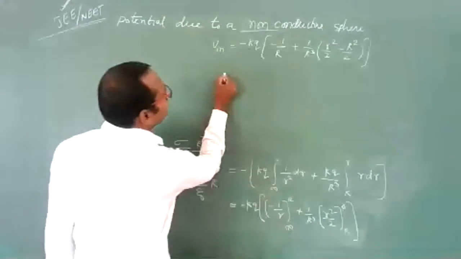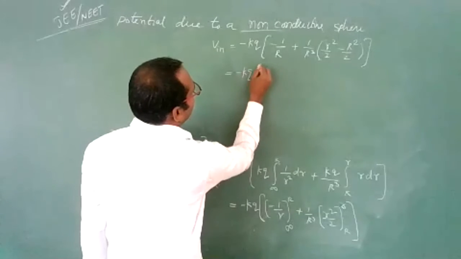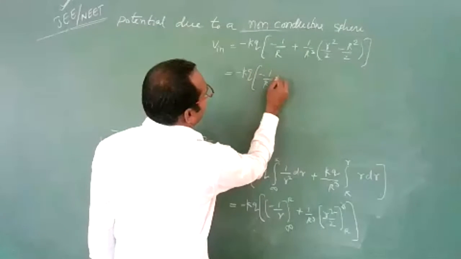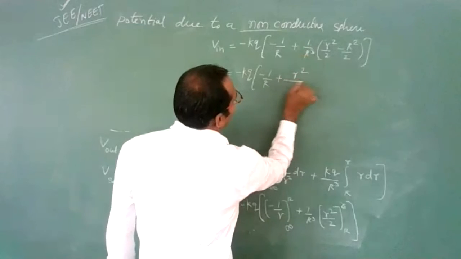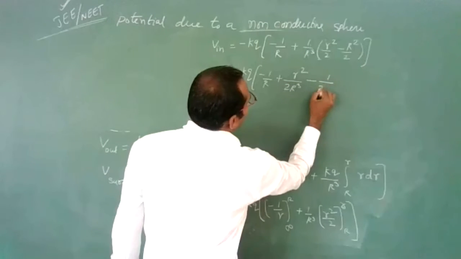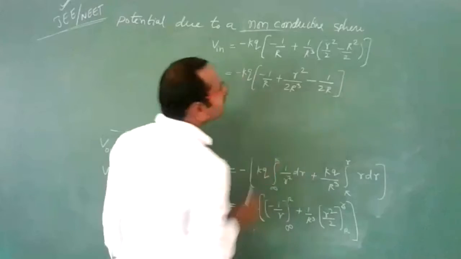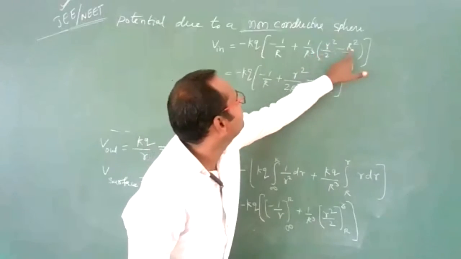Now you will get minus KQ, minus 1 by r plus r square by 2r cube minus 1 by 2r. Clear? What did I do? I multiplied with the r cube this one and this one.